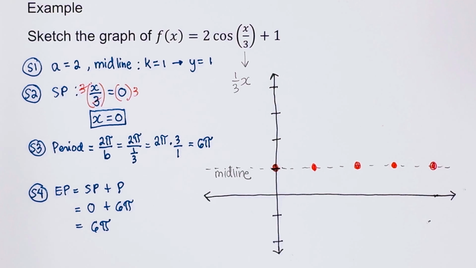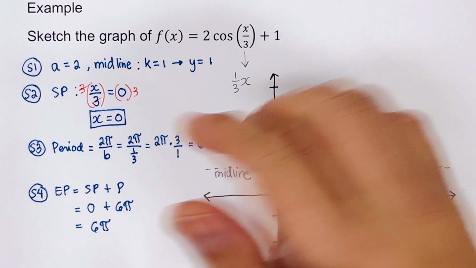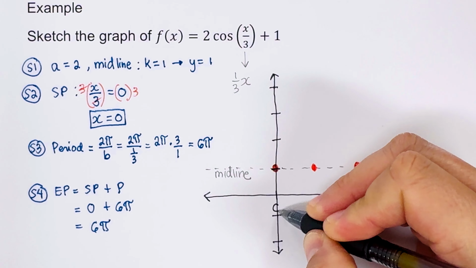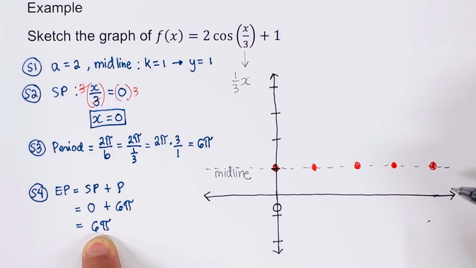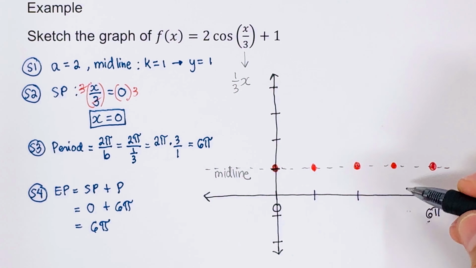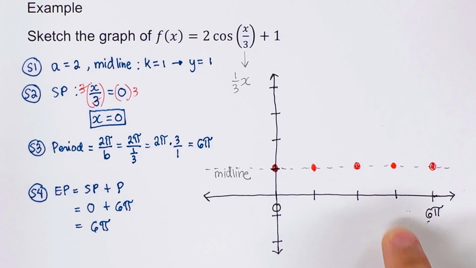Now let's label the values for this. We start with the starting point, which is at 0. This will be the starting point, and the end point here is at 6 pi. So I'm going to put 6 pi right here. Now we are going to determine the coordinates on the x-axis for the rest of these 3 dots.